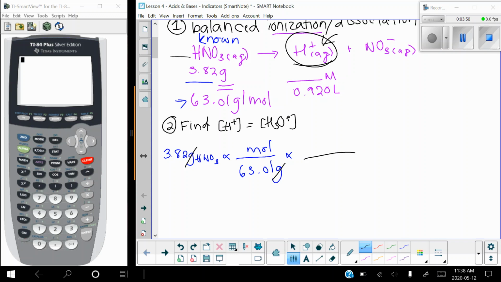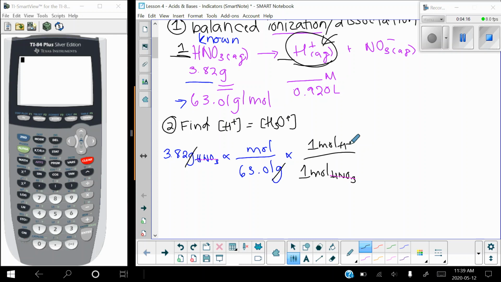I have 1 mole, because ones are invisible in chemistry, 1 mole of HNO3. Okay, so HNO3 cancels out with HNO3. And then there is 1 mole of H plus.